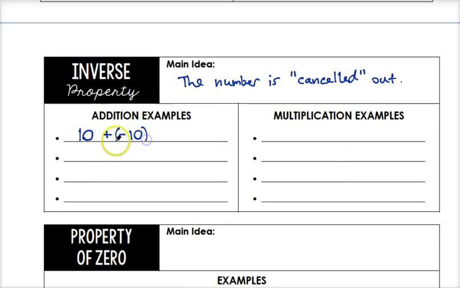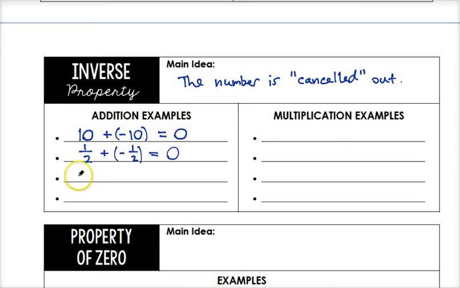I need to add its opposite. The opposite of positive 10 is negative 10, and I end up getting an answer of 0. If I take 1/2 and I want to cancel out my 1/2 with addition, I can add to it a negative 1/2, and I get an answer of 0.